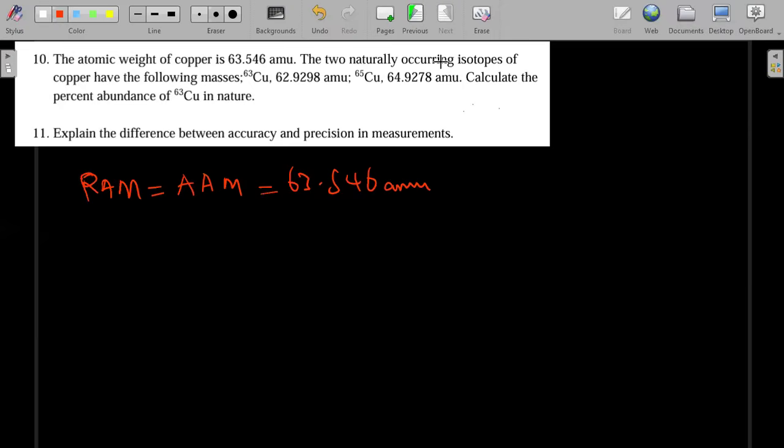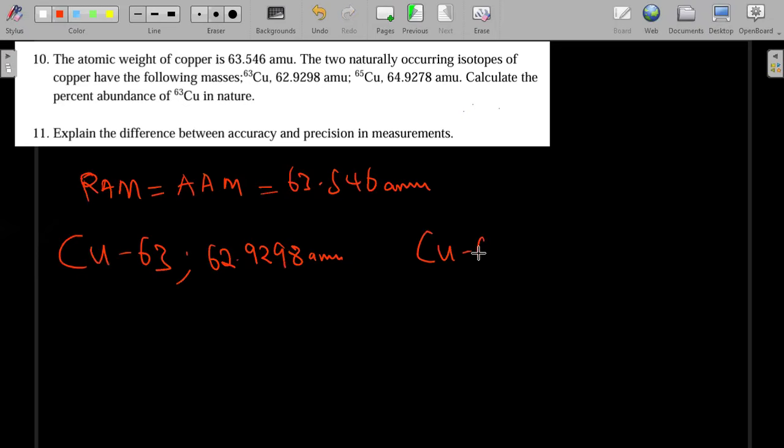Then they say two naturally occurring isotopes of copper have the masses. We have copper 63, with the mass 62.9298 atomic mass units. And then we also have copper 65.